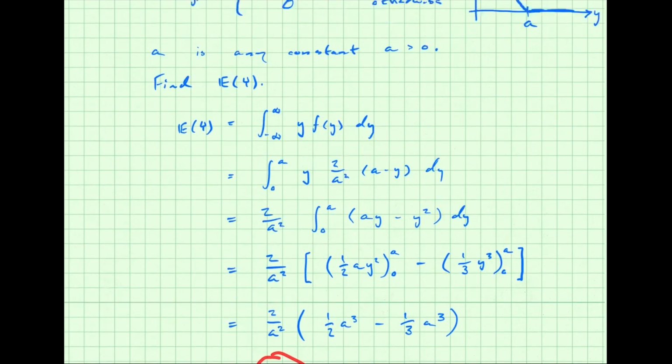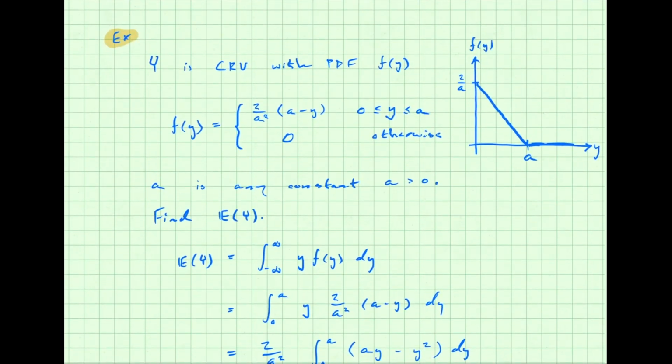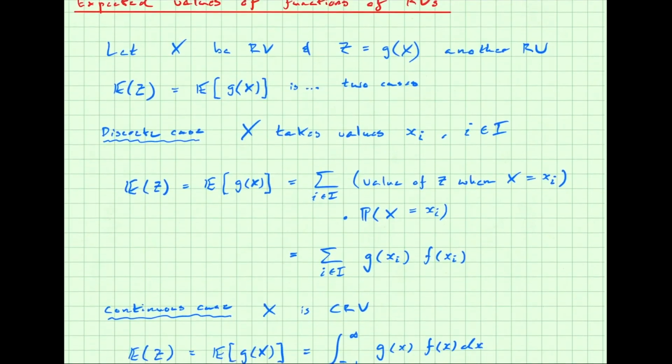So a third of a is about here. That looks good. It seems plausible. It's not meant to be halfway, it's a third of the way over. Okay, sorry about that. I meant to say that when we did it before.